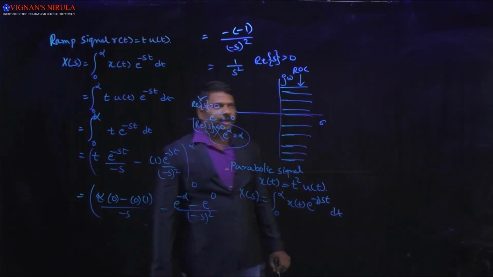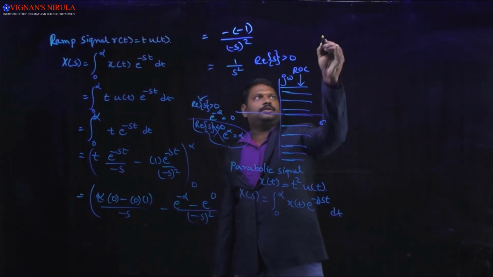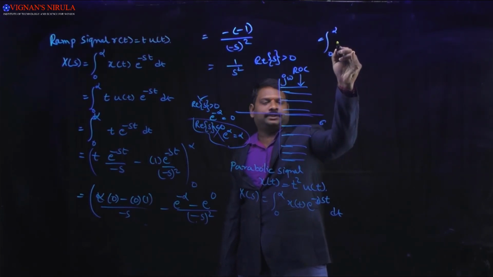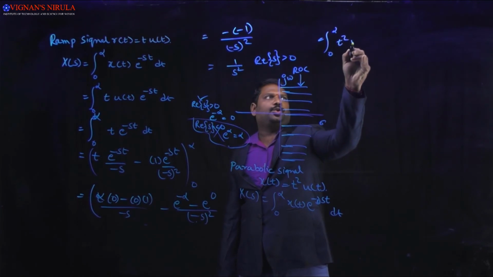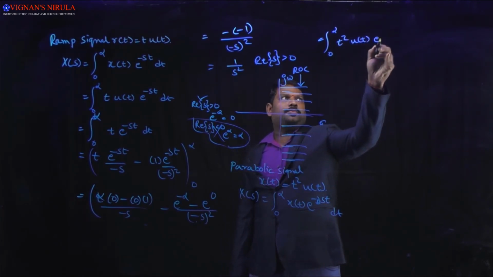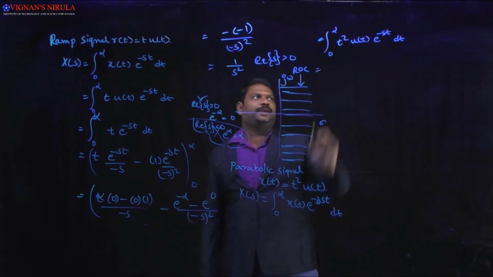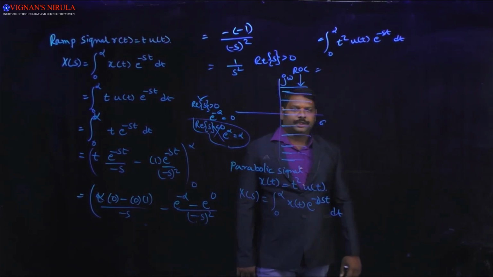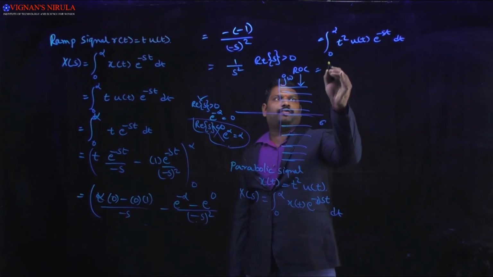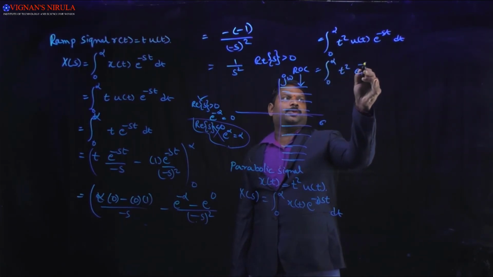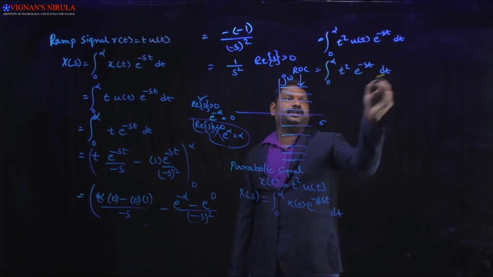Substituting x of t, it is t square into u of t e power minus st dt. As u of t has the same limits, we maintain the same limits 0 to infinity for t square e power minus st dt.